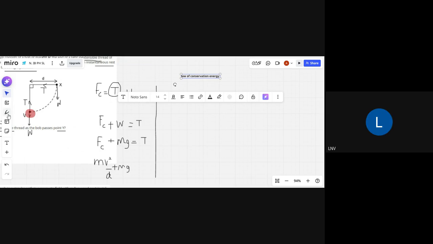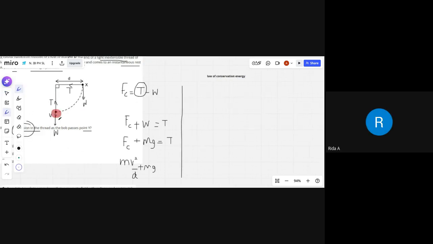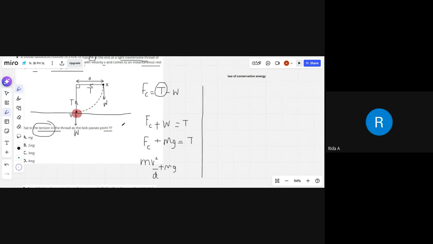So if you consider this to be the level ground, the higher you go above the surface level, the more gravitational potential energy you have. And so at point X, it has gravitational potential energy mgr or mgd. Basically, let's write mgh for now and I'll elaborate on that.